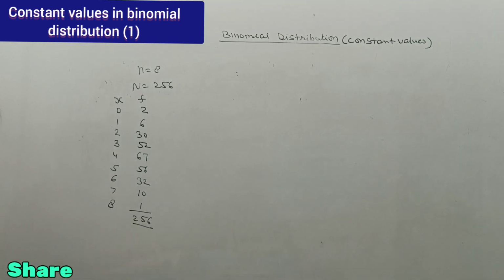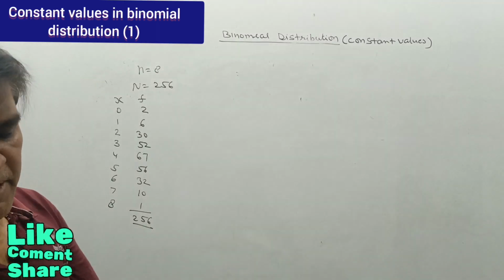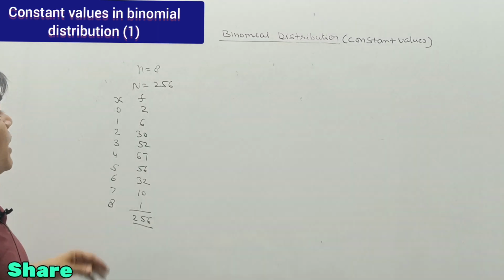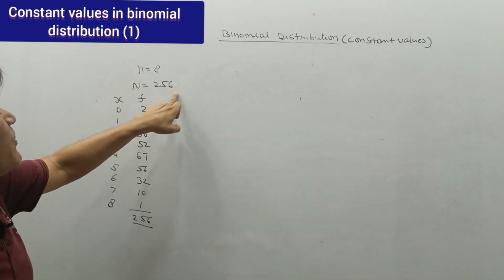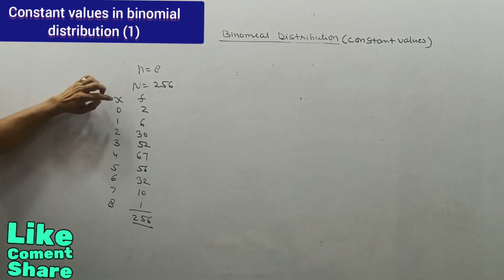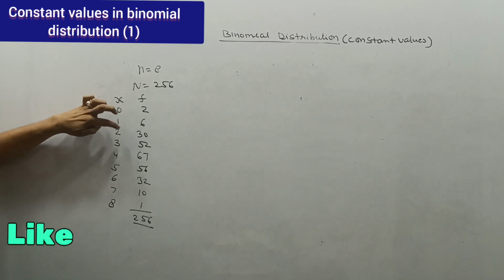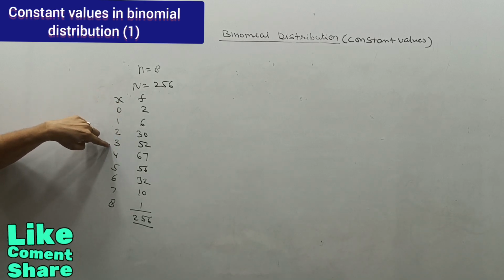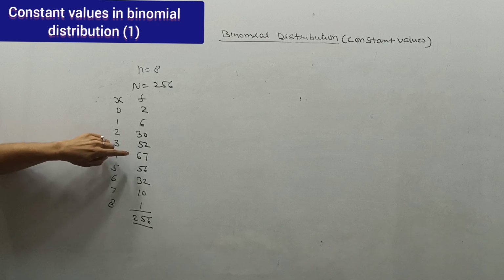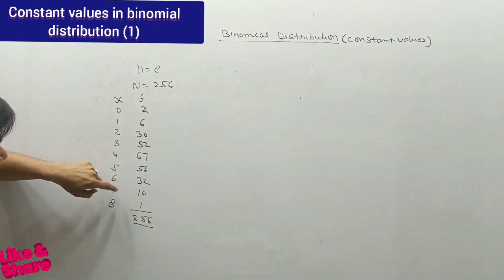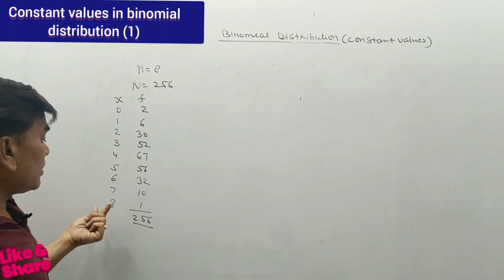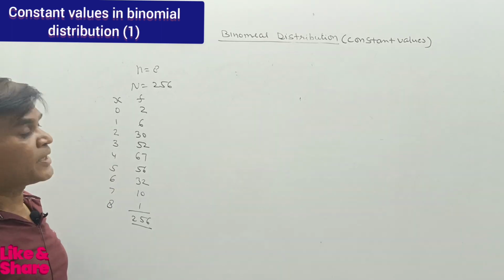So the first question of the binomial distribution is: 8 coins are tossed 256 times, and the result is that 0 heads occurred 2 times, 1 head 6 times, 2 heads 30 times, 3 heads 52 times, 4 heads 67 times, 5 heads 56 times, 6 heads 32 times, 7 heads 10 times, and 8 heads 1 time.